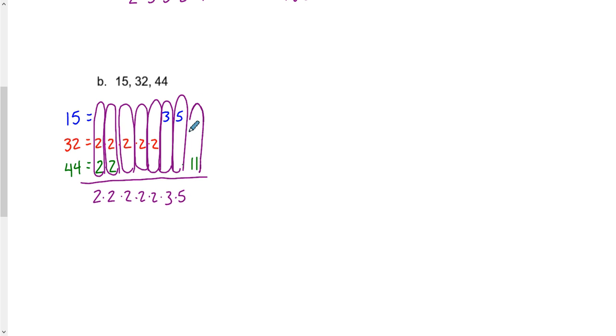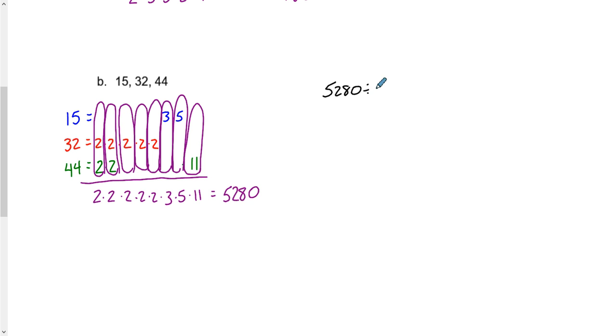There's no other 11. But they do need to be included in our lowest common multiple. Multiply it out. 5,280.